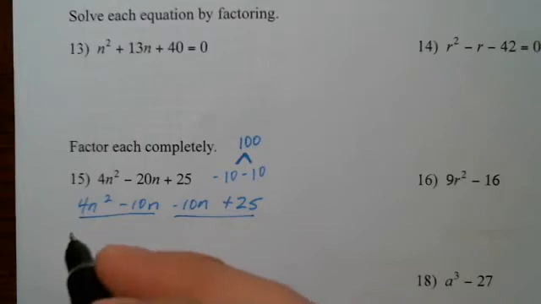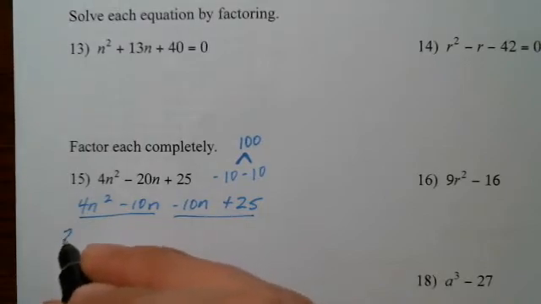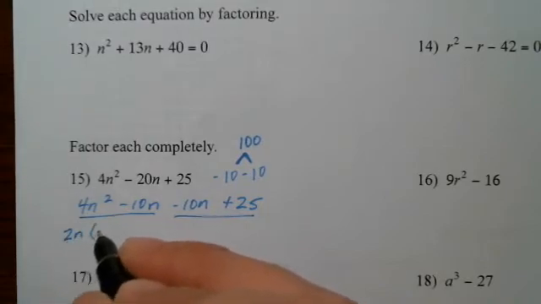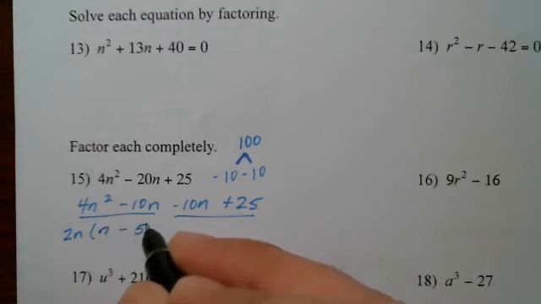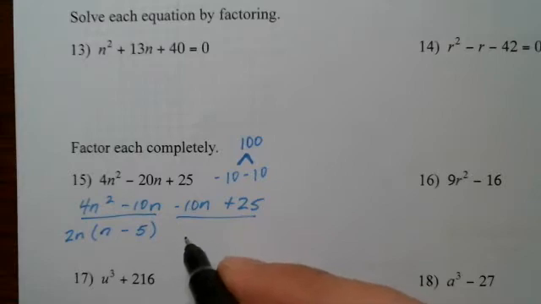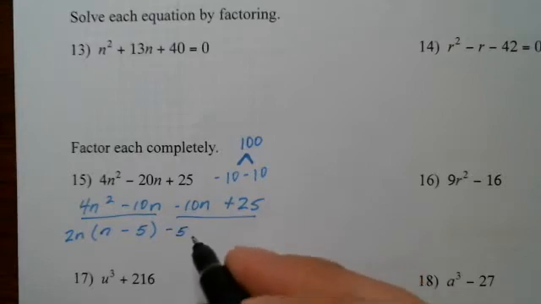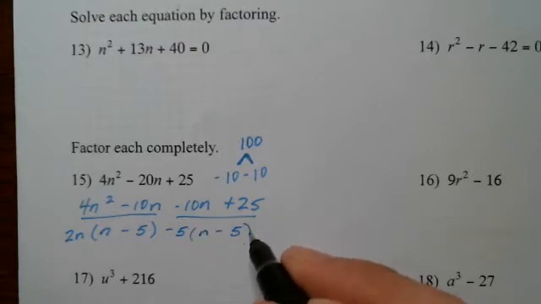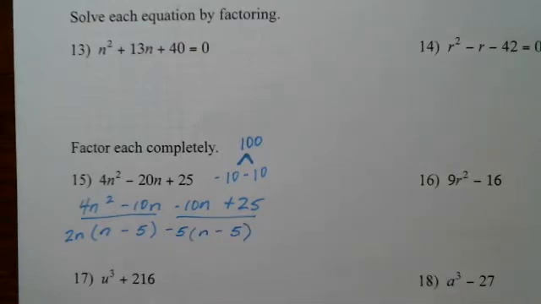If I factor a 2n out, I'm left with n minus 5. And over here, if I factor out negative 5, I'm left with n minus 5. And that would produce 2n minus 5 times n minus 5.